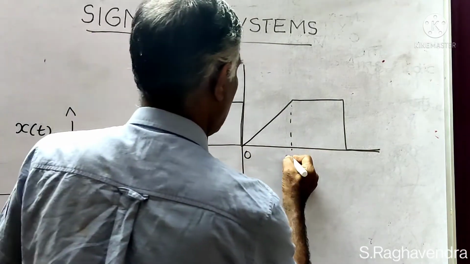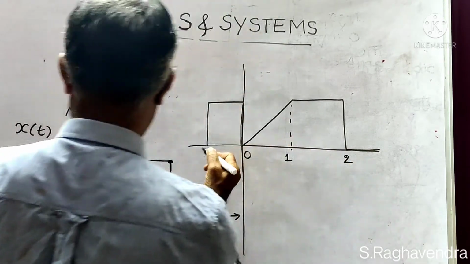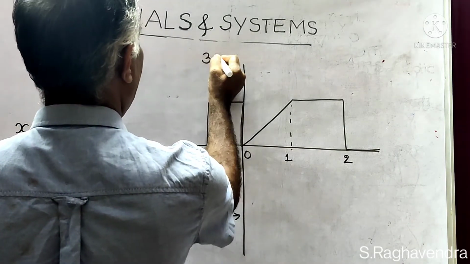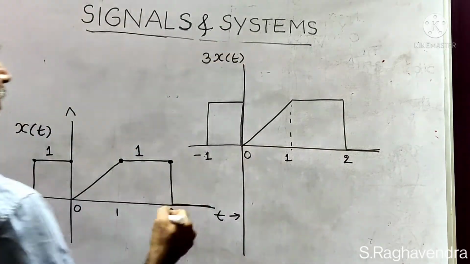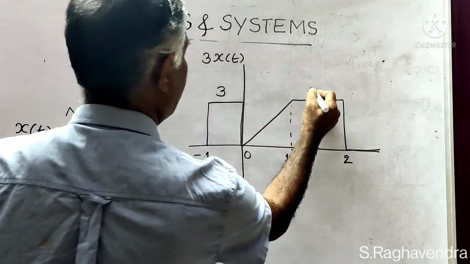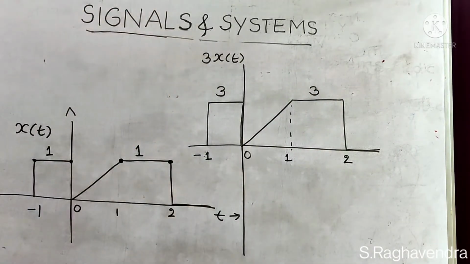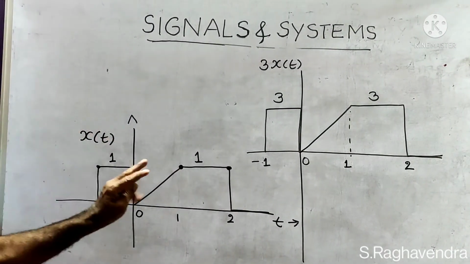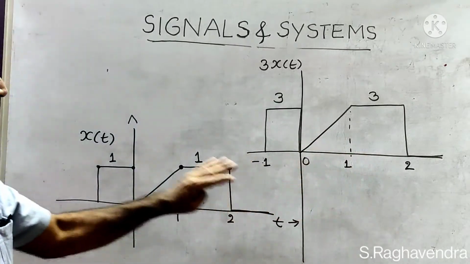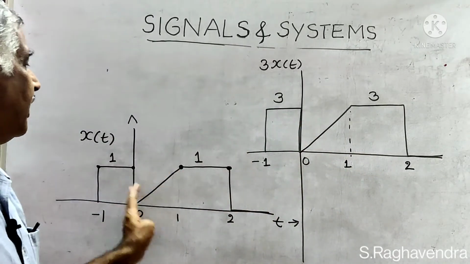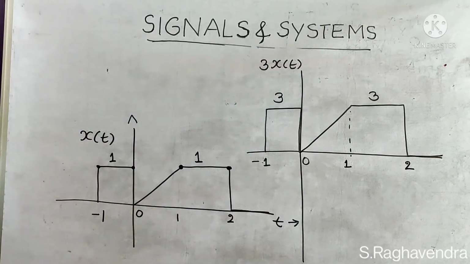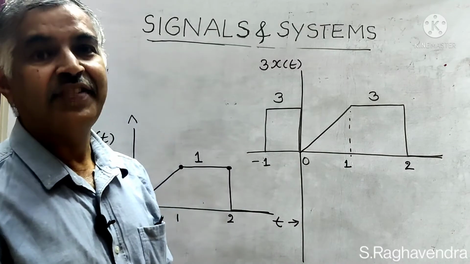Zero, 1, 2, minus 1. Then this is 3 times xt. This is 3, this is 3. That's all. 3 times xt means the resulting waveform looks bigger. I am not sketching proportionately on the board, but it is 3 times. You imagine that this is 3 times bigger than this. This is 3xt. Now you add the DC level.